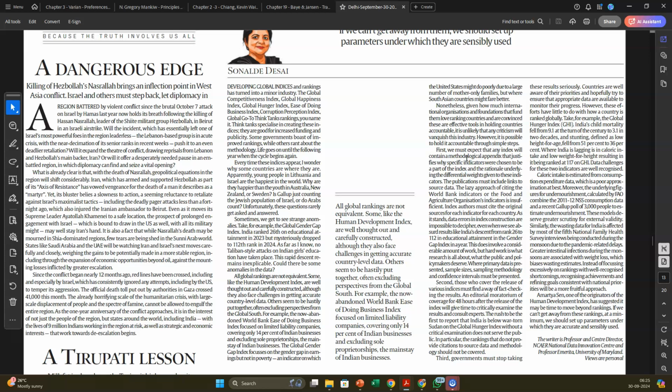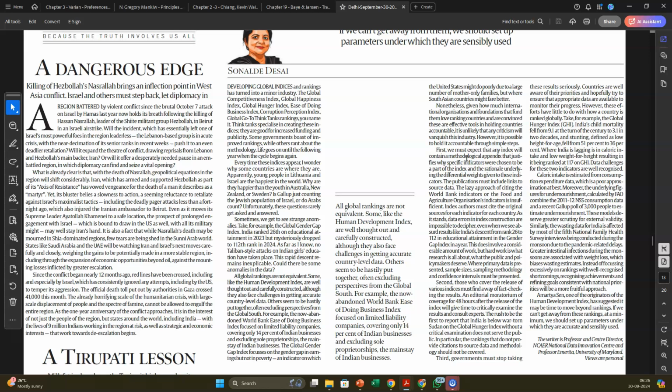They should go into the primary data set and see where this data is being collected from. The sample sizes and the sampling methodology must all be present along with the confidence intervals.